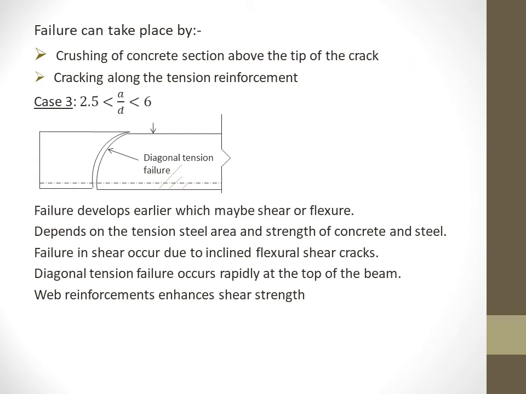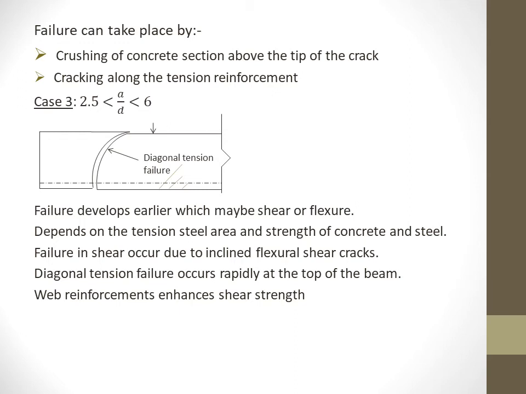Now comes the third case, that is when the a by d ratio is greater than 2.5 but less than 6. Beams having ratios more than 2.5 fail either in shear or in flexure. The limiting a by d ratio above which flexural failure is certain depends on the tension steel area, also the strength of concrete as well as steel.